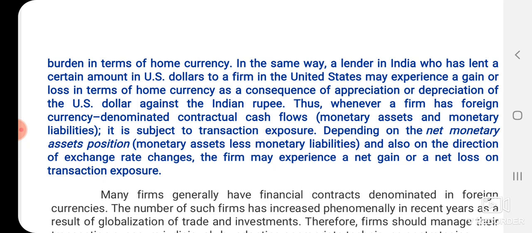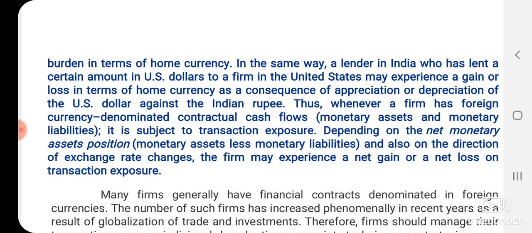Thus, whenever a firm has foreign currency denominated contractual cash flows like monetary assets and monetary liabilities, it is subject to transaction exposure. Depending upon the net monetary assets position, monetary assets less monetary liabilities, we are deducting here, and also the direction of exchange rate changes, the firm may experience a net gain or net loss.